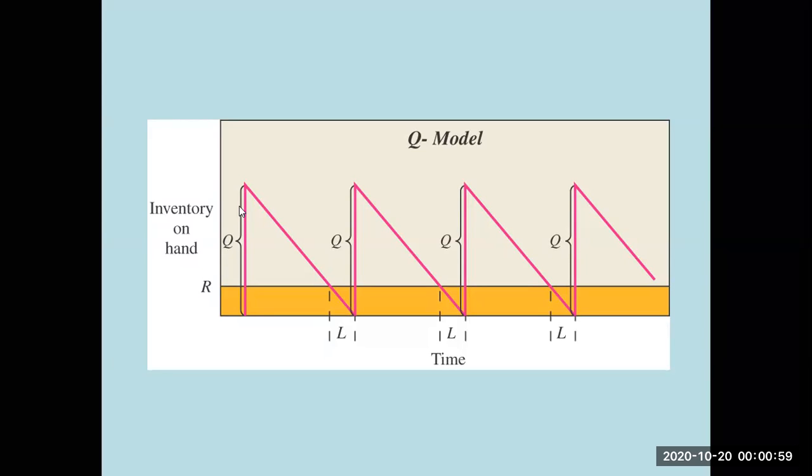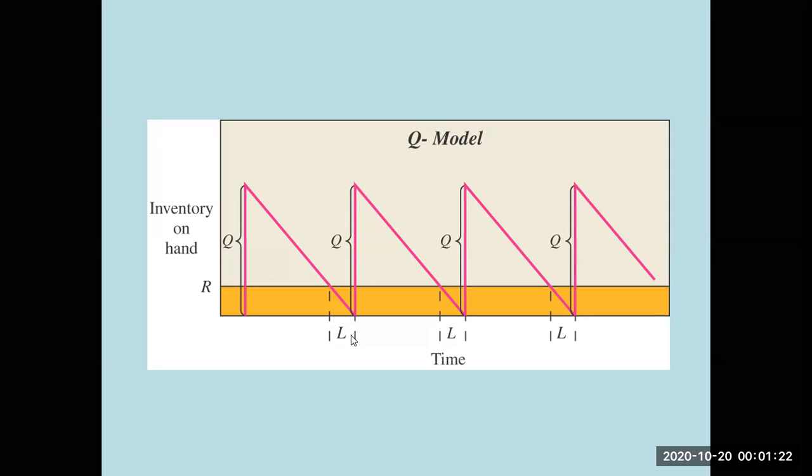Here, when we receive the order Q, the inventory level is Q, then there is demand and the inventory level decreases, then hits this point.